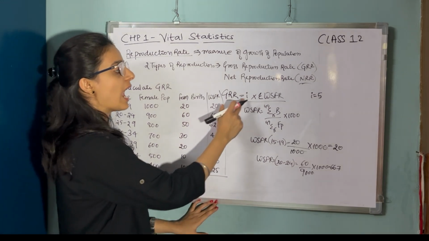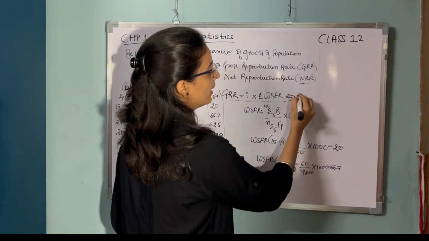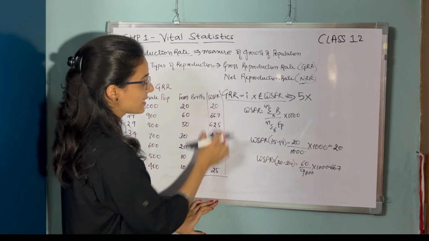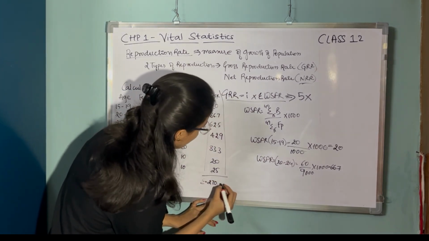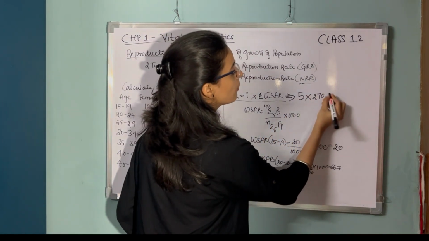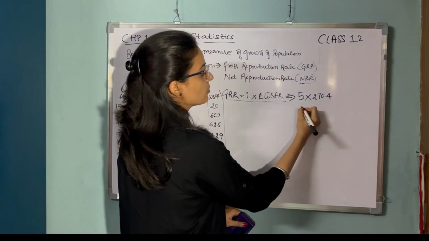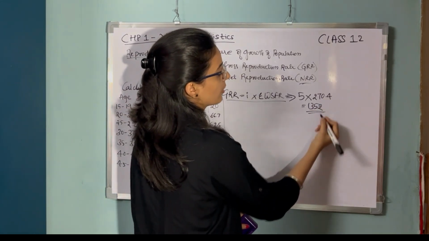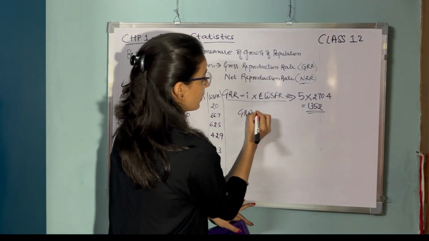GRR is I into summation WSFR. I is 5, and the summation of this column is 270.4. So 5 into 270.4, GRR is 1352.